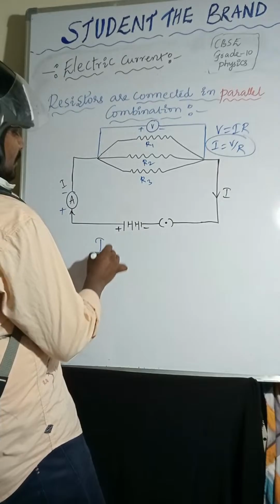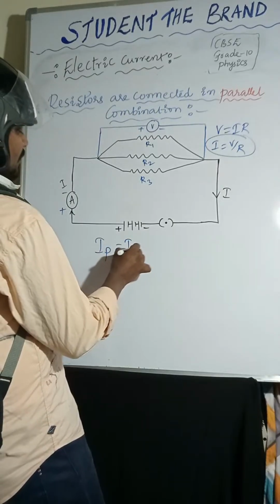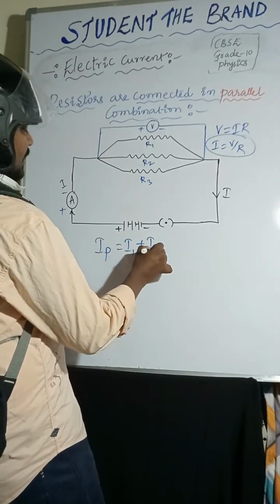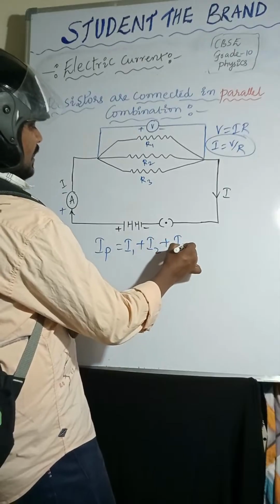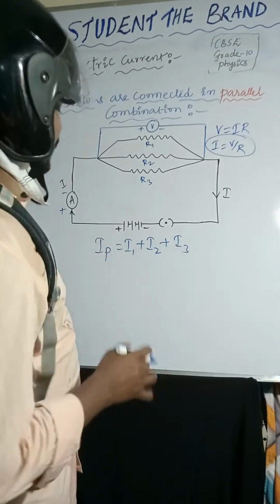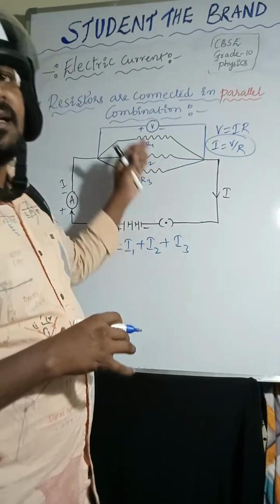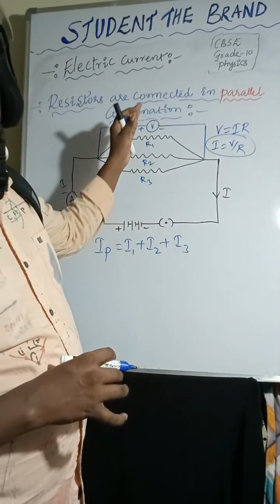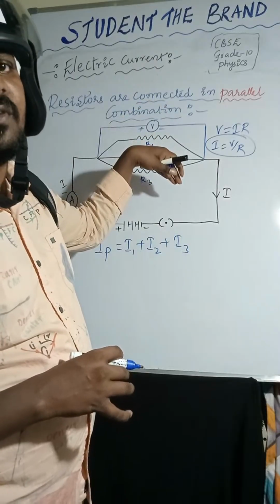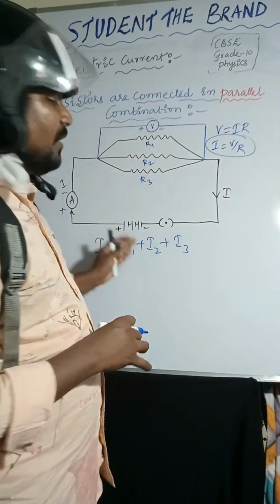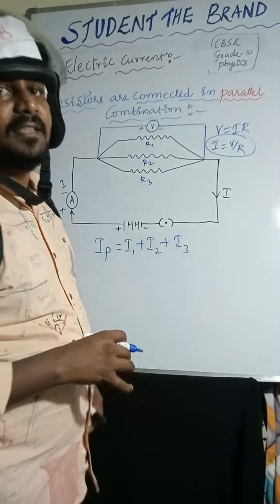IP equal to I1 plus I2 plus I3. Current is different. Even though potential difference is the same, current is different, right? That's why I'm taking IP equal to I1 plus I2 plus I3.